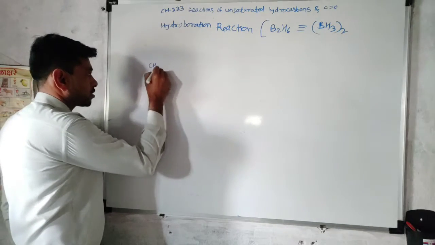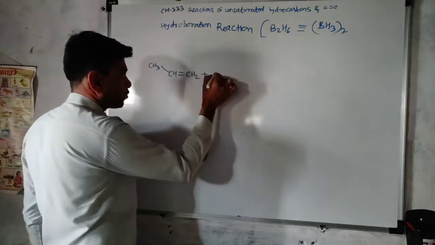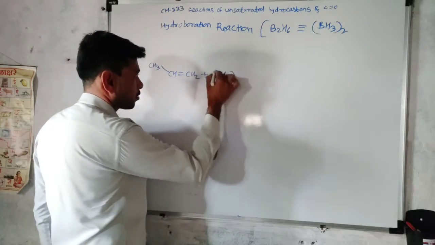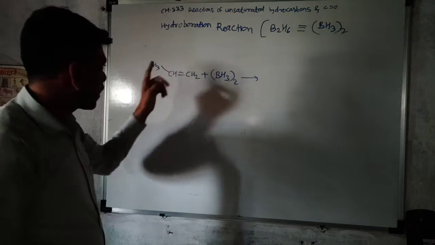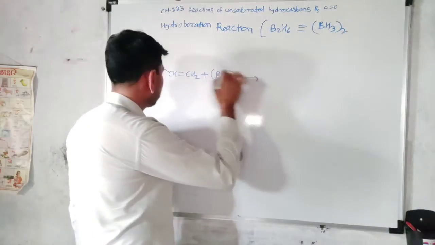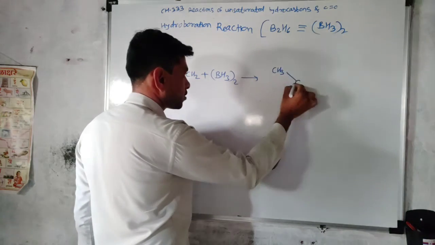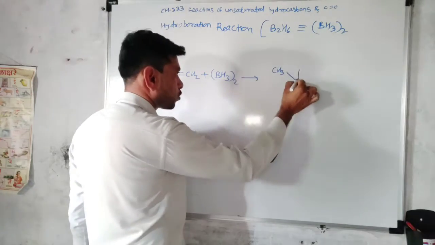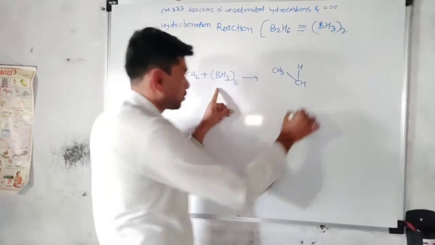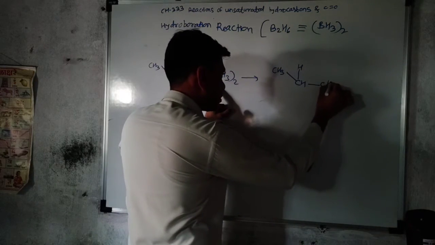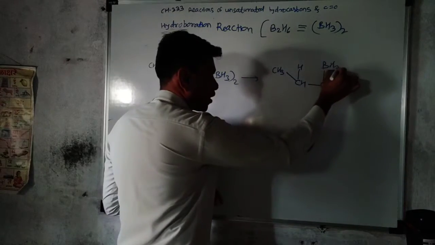When we use diborane with the double bond CH3CH=CH2, the first mole of hydrogen and borane add, and we get the intermediate: CH3, CH with this hydrogen added here, and CH2 with this borane with 2 hydrogens.